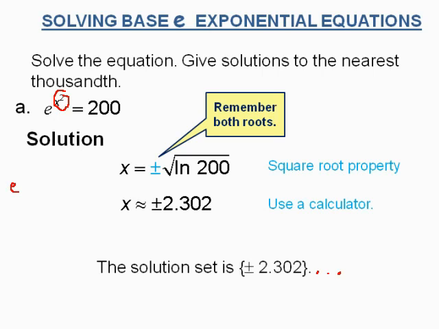If you use your ANS key, hit e, caret, and I would put parentheses on here, then put that answer, caret 2, and it should come out to be 200. This one has a double caret because you've got e raised to x raised to some power. It just doesn't get any better than this.